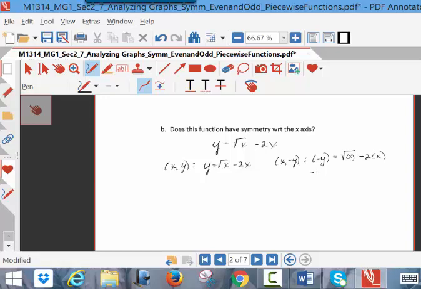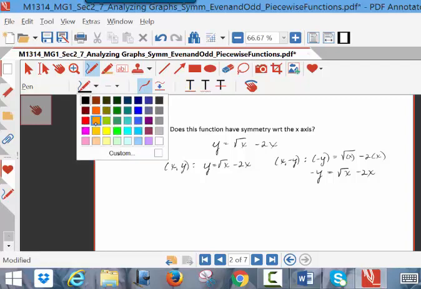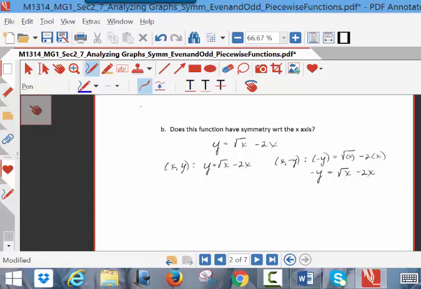So algebraically, this becomes negative y equaling the square root of x minus 2x. But as before, we don't like that negative on the y. So let's get rid of the negative by dividing everything by negative 1.